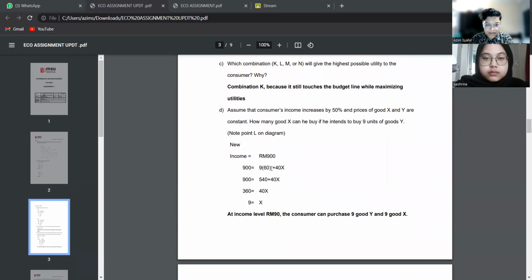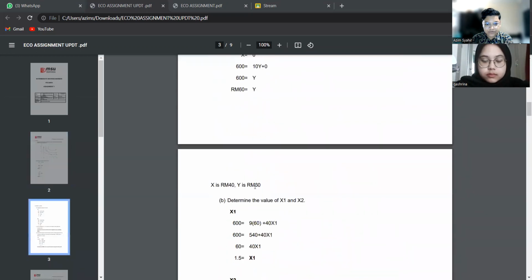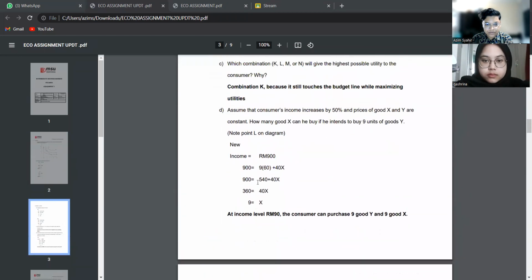Now he intends to buy 9 good Y. So 9 times 60, because the price of good Y is 60, plus 40X, because the price of X remains the same. So 900 minus 540, we get 360, and then 40X. So X is 9. So he can buy 9 good X.